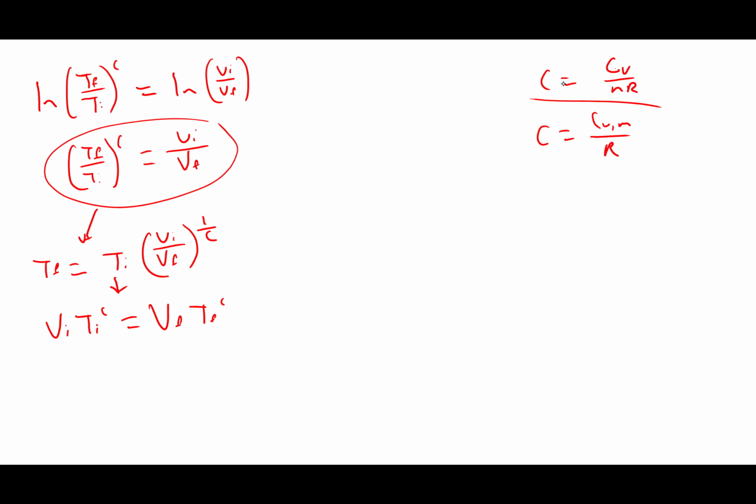And if you notice here, this is very close to sort of our Charles's law. If you remember Charles's law, let me write this better. That was V1 over T1 equals V2 over T2. That was Charles's law, one version of it.